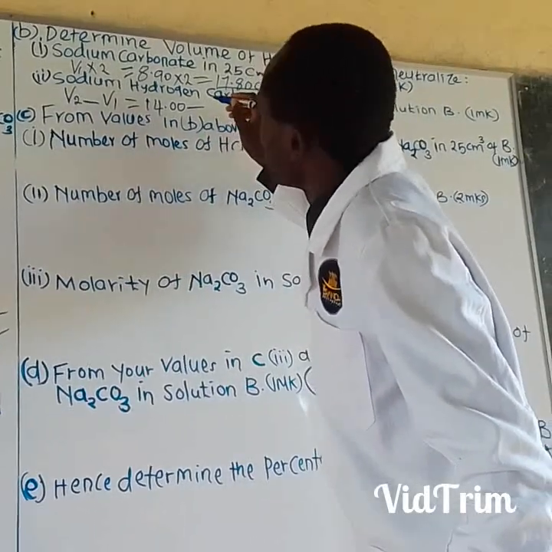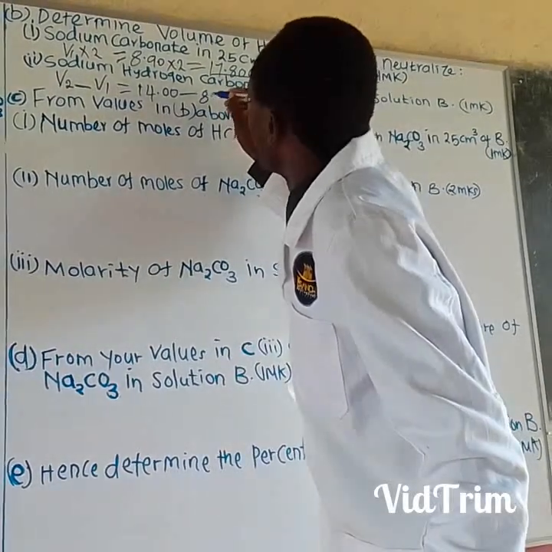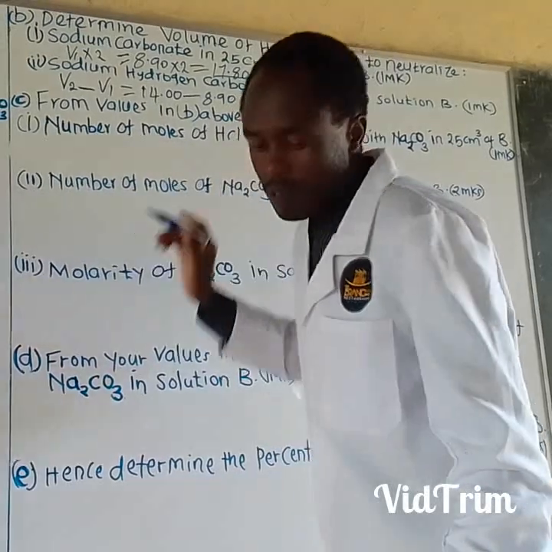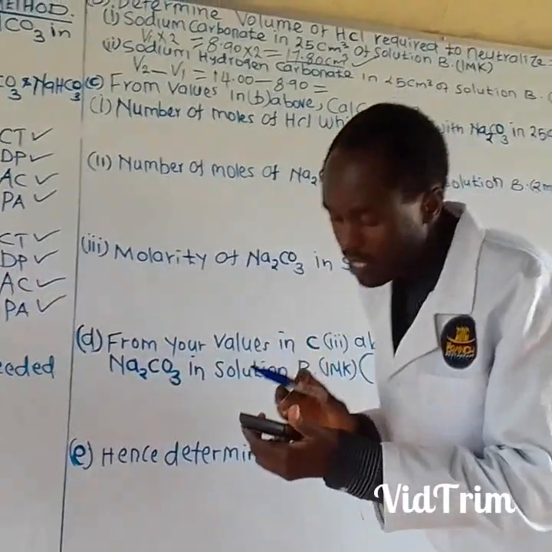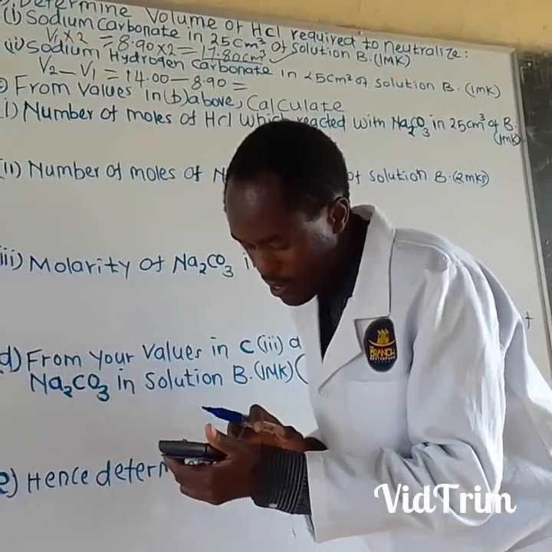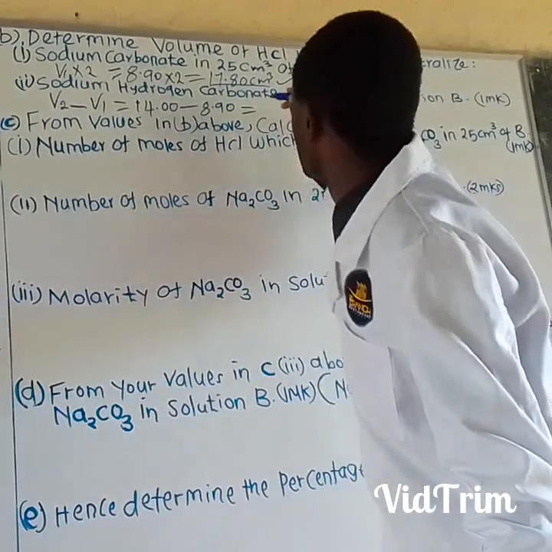Then we minus V1, which we have found in table 1, the average volume is 8.90. So if you take 14, you subtract 8.9. 14 subtract 8.9 is 5.1.